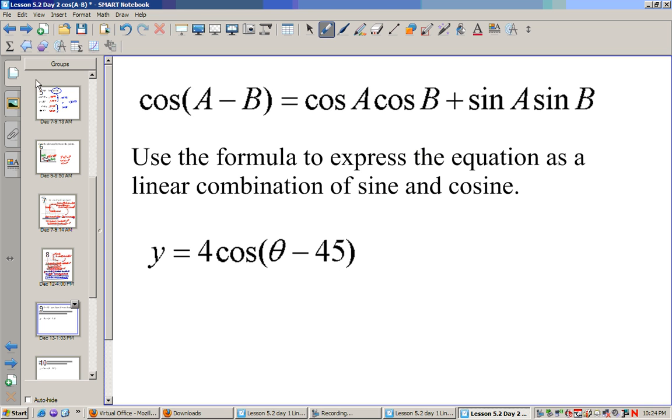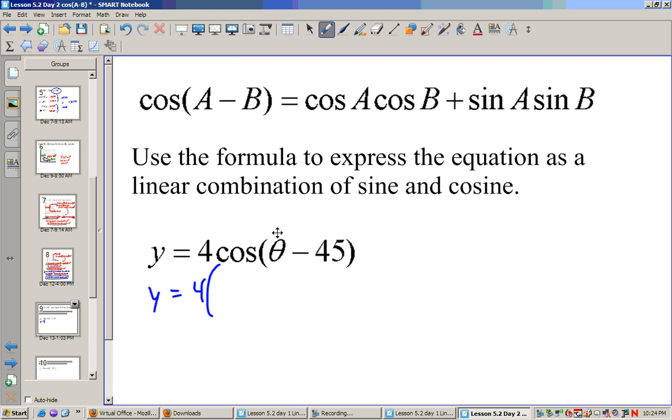Alright, now we can use that formula in order to expand cosine of theta minus 45 to write it as a linear combination of sine and cosine. So I could say this is 4 parentheses cosine of theta minus 45.